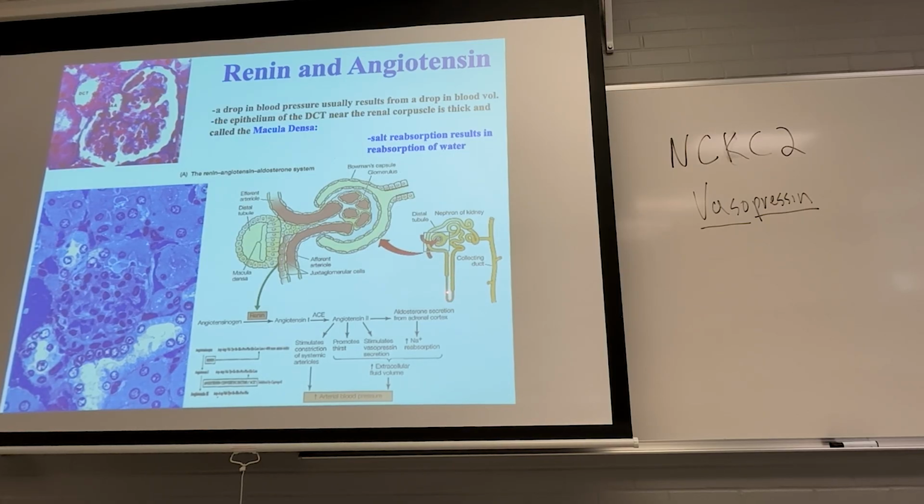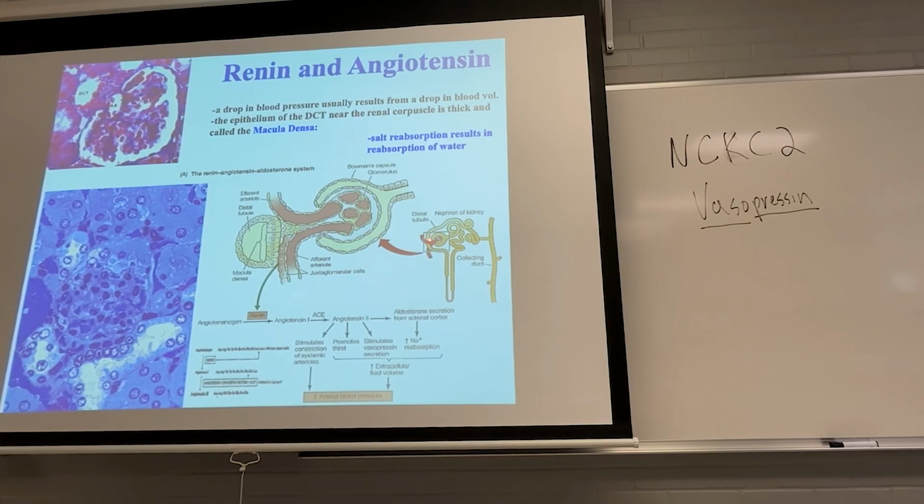Makes a hairpin turn, goes up the ascending limb, and then when I go into the DCT, notice the DCT goes between the afferent and efferent arterioles. You see that? And so it's shoved between those two blood vessels and comes into really close contact with the glomerulus, with the afferent and efferent arterioles, right?